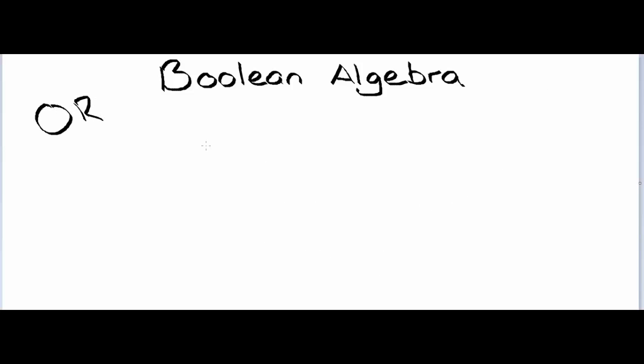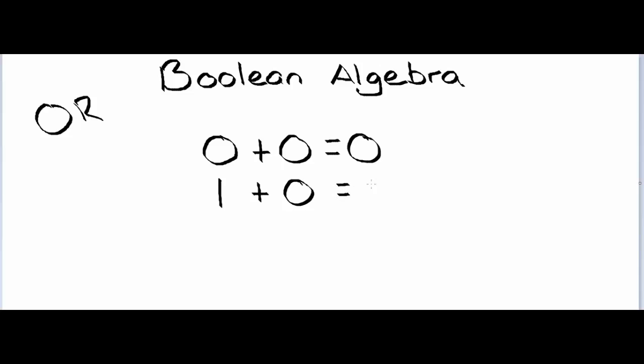So if we go back to the OR logical operator, we know that 0 plus 0 equals 0, and if we have 1 plus 0, then that's going to equal 1, and vice versa. And if we have 1 plus 1, then again that equals 1, because something plus something is something. So we can start to create some algebraic rules.